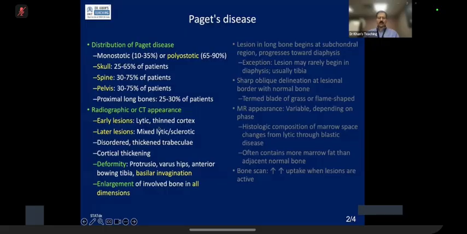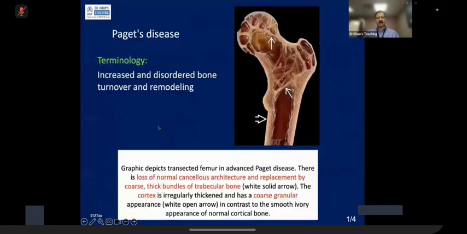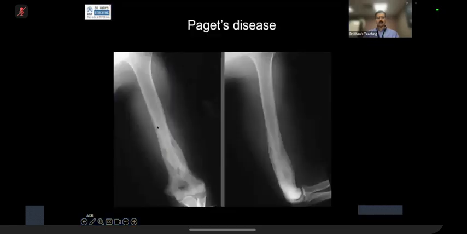Once you know this pathophysiology, you can make the radiology. So this is a full-blown case of Paget's disease, where, just to highlight, the cortex is thick, and then there is bone expansion.